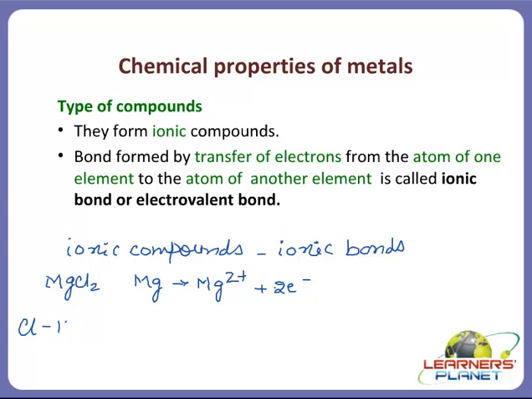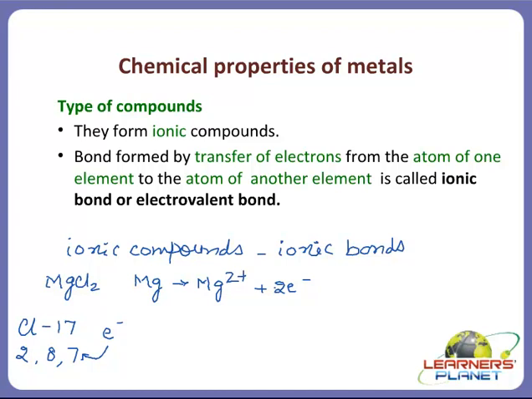Its atomic number is 17, so it can be arranged as 2, 8 and 7. Can it lose 7 electrons? No. Rather, it can gain 1 electron and complete its octet.